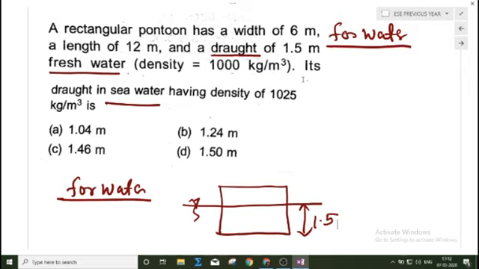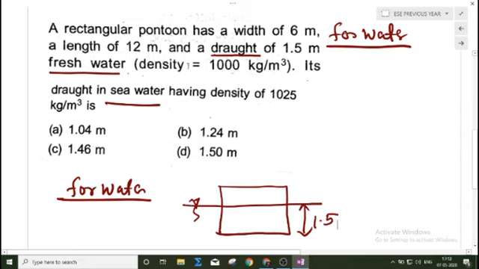Specific gravity of the body is not given, I think, or else this 1.5 meter. Okay, let me check this question, because the specific gravity of the body, I think it is not mentioned here. Okay, let me solve this question.